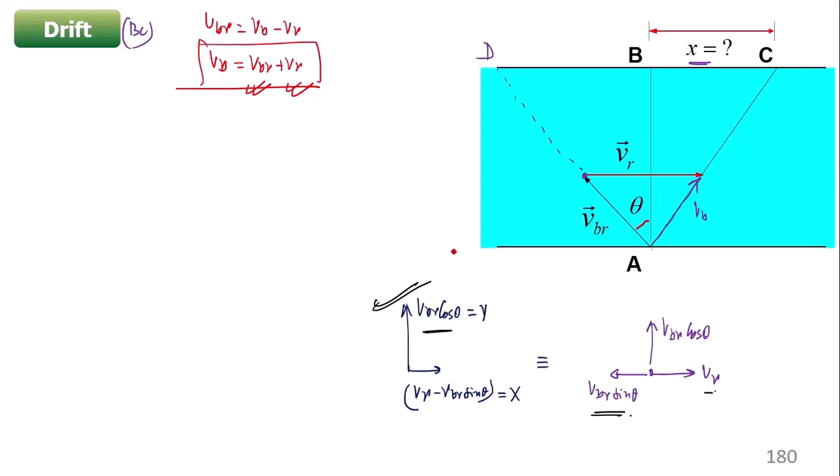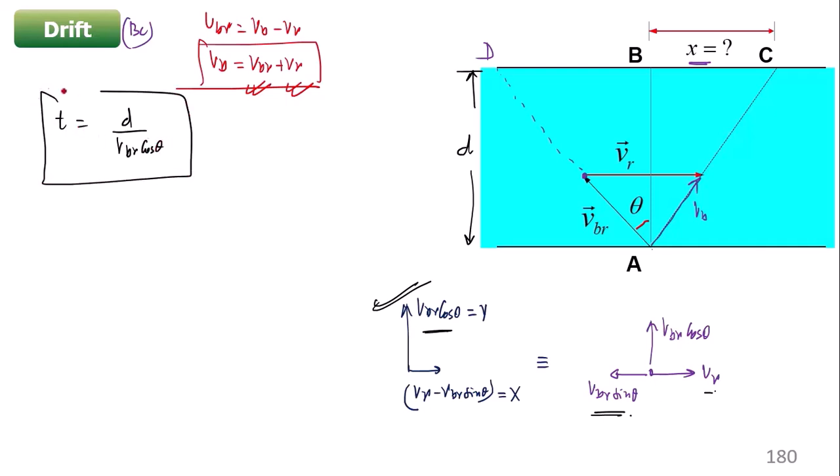So let us say D is the width of the river. This distance D is traveled with the speed of VBR cos theta. So the time to cross the river, T, is nothing but D divided by VBR cos theta.